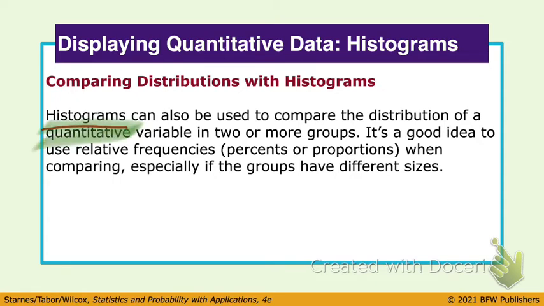It's a good idea to use relative frequencies, which are percents or proportions, when comparing, especially if the groups have different sizes. So if we have two groups of different sizes, we want to use relative frequencies instead of just counts, okay?